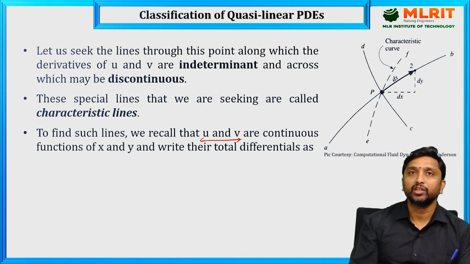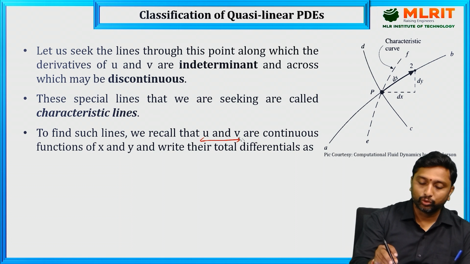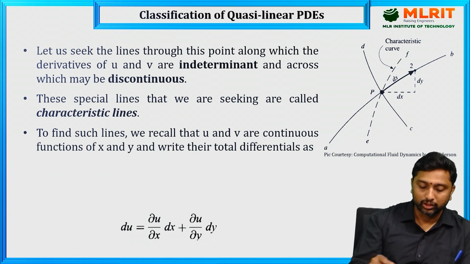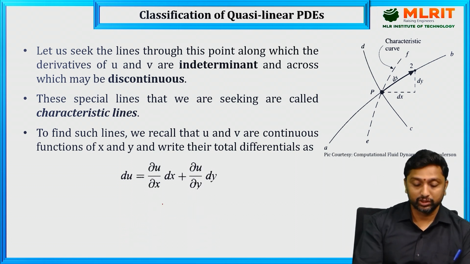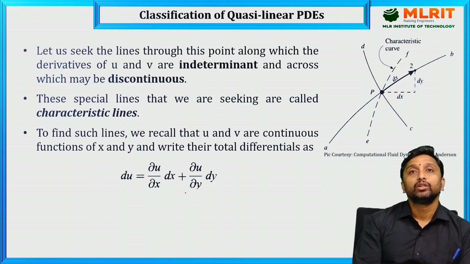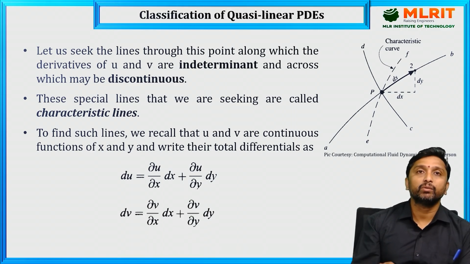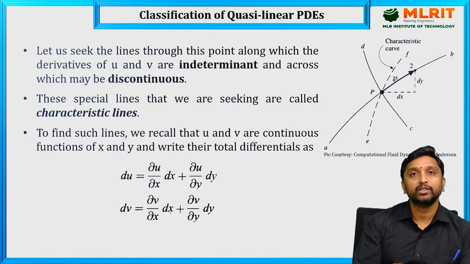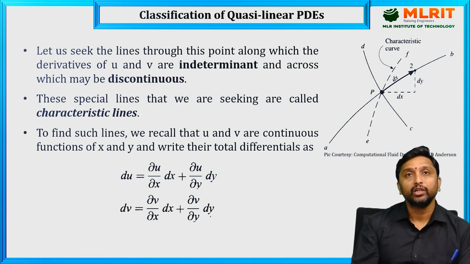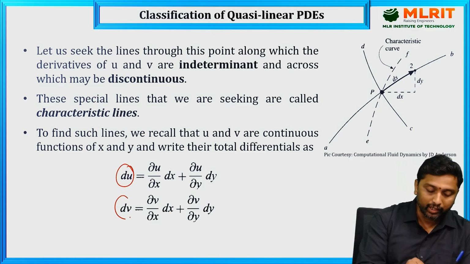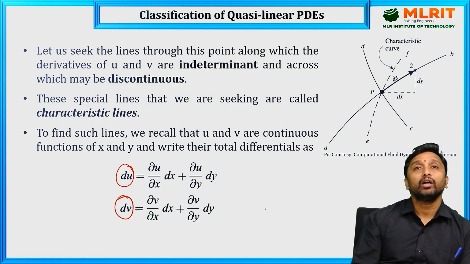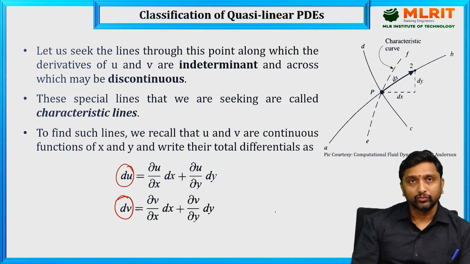So du is equal to dou u by dou x into dx plus dou u by dou y into dy. Similarly, dv can be represented as dou v by dou x into dx plus dou v by dou y into dy. So du and dv is our solution.